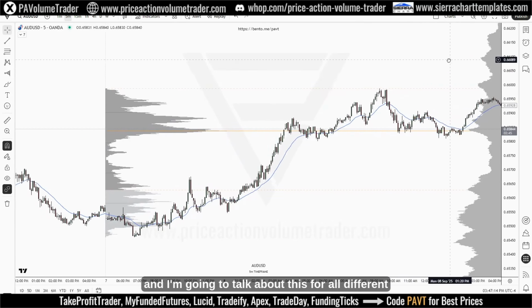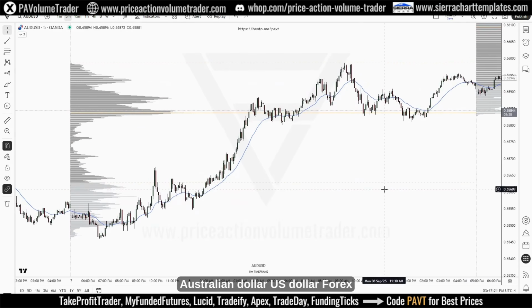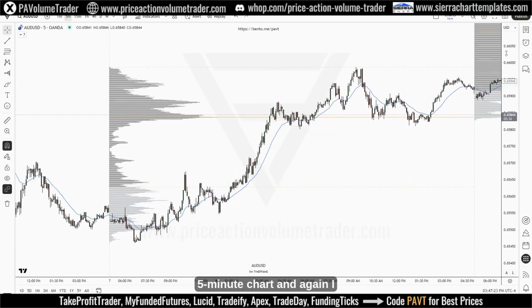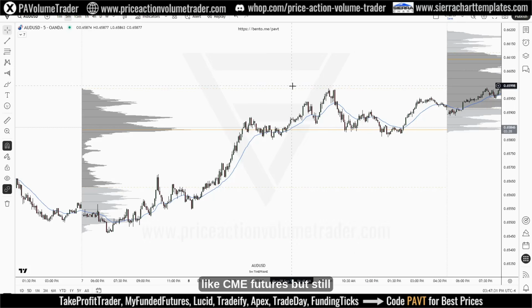I'm going to talk about this for all different kinds of markets. Here we have the Australian dollar, US dollar, Forex 5-minute chart. I know Forex markets are not a centralized market and don't have accurate volume readings like CME futures, but still, trust me, the volume profiles are very accurate.